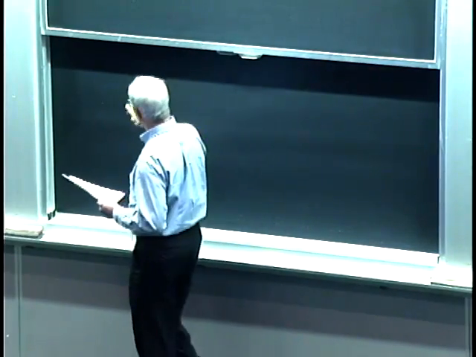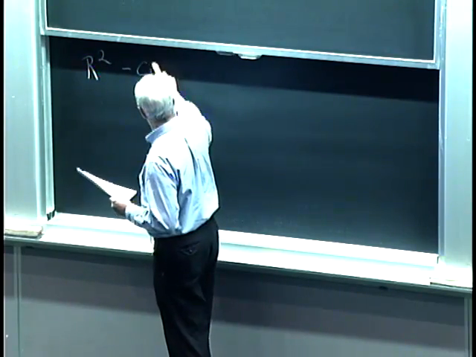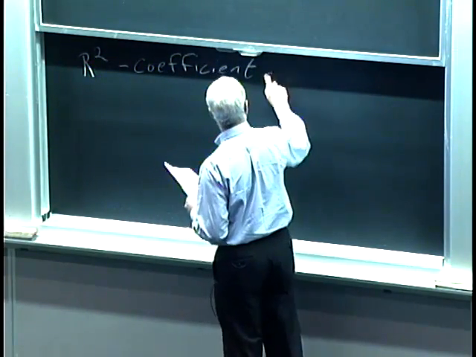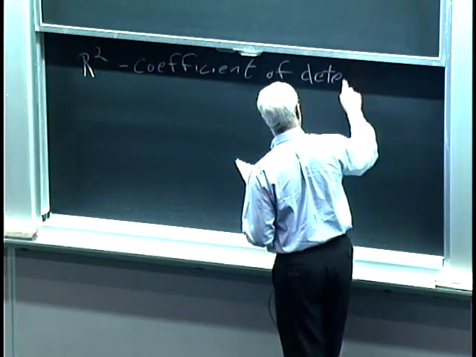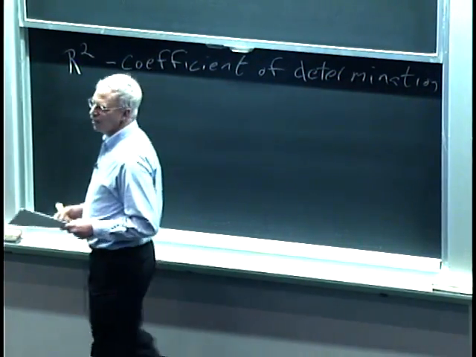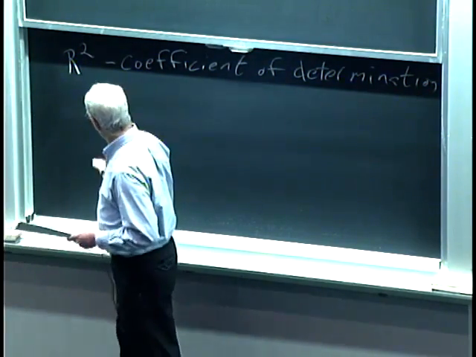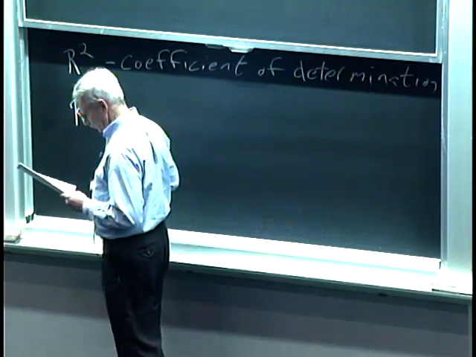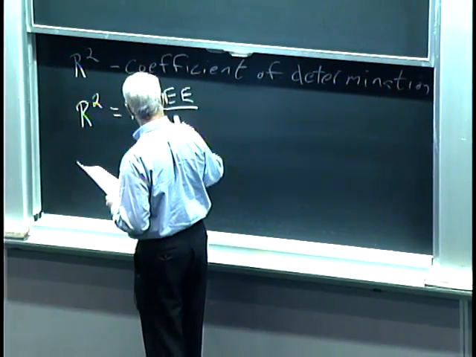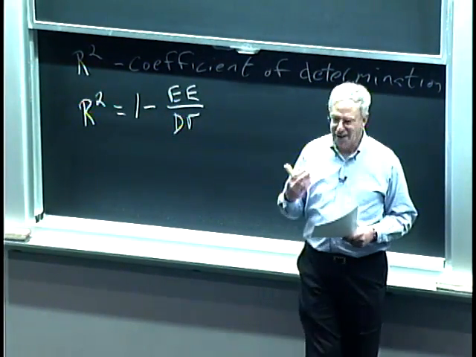And we're going to look at something that the statisticians call R squared, which in the case of a linear regression is the coefficient of determination. Now, these are big fancy words for something that's actually pretty simple. So what R squared is going to be, and this is on your handout, is 1 minus EE over DV. So EE is going to be the errors in the estimation.